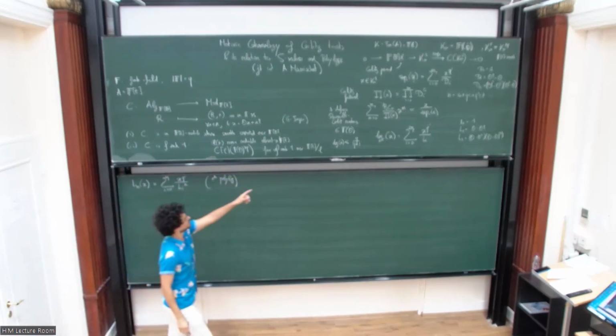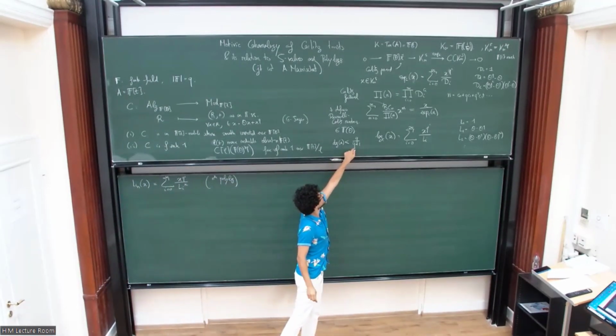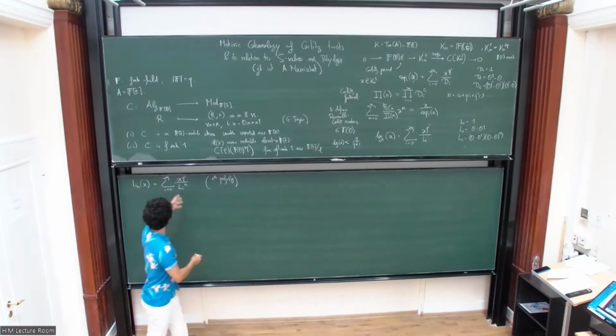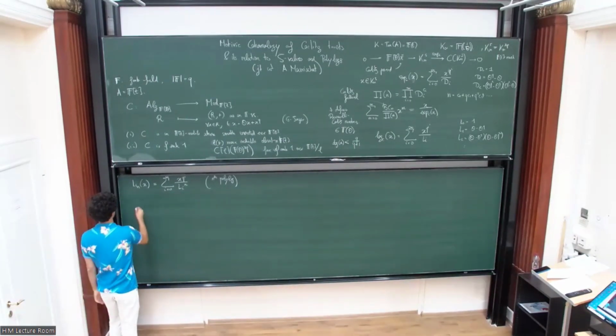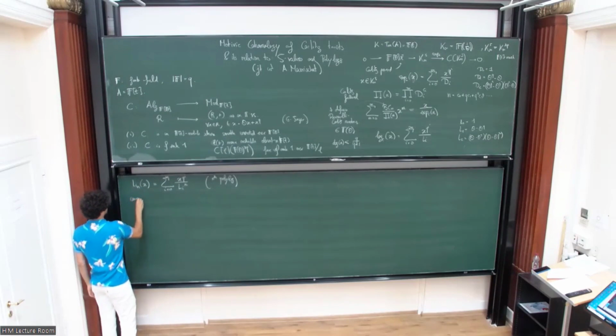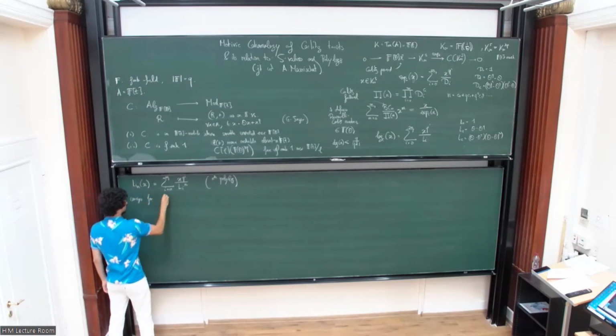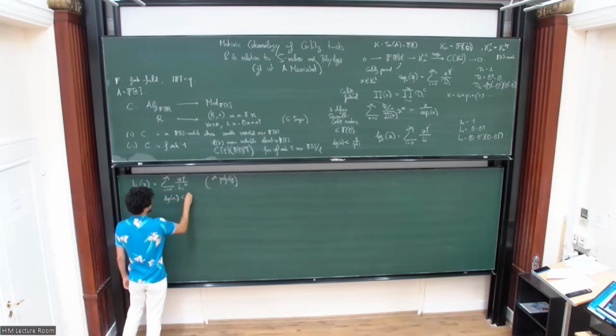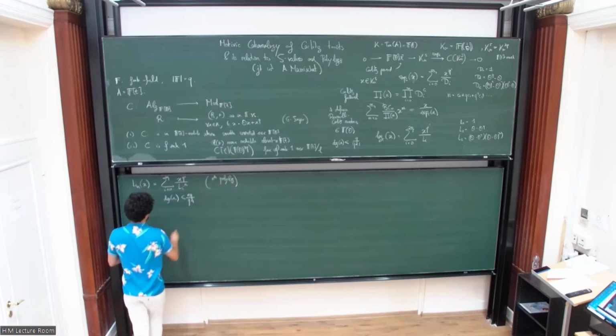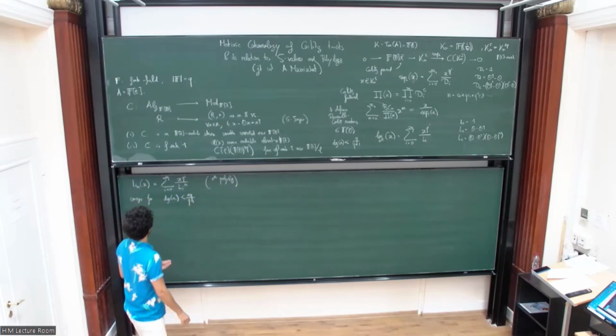And since this converges for degree of x smaller than q over q minus 1, then this thing converges in a slightly bigger radius, so converges for degree of x smaller than n q over q minus 1.